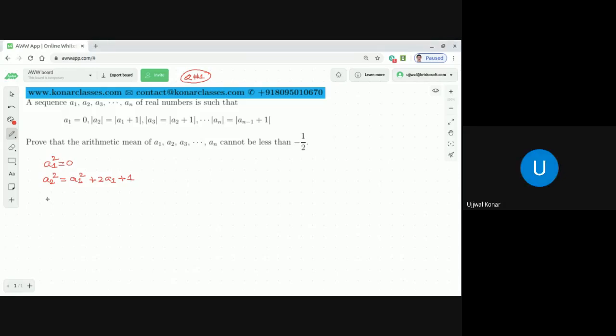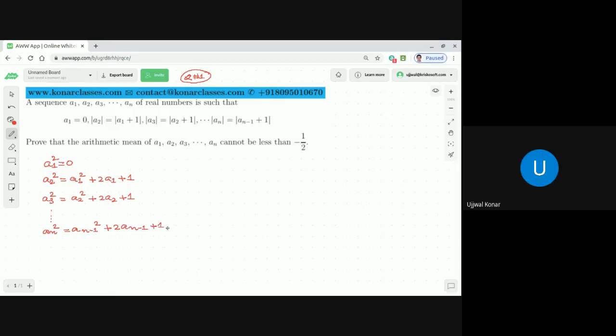Similarly, we can get a3 square is equal to a2 square plus 2 into a2 plus 1. In that way, it can continue till an, so that an square I can write as an minus 1 square plus 2 into a n minus 1 plus 1.